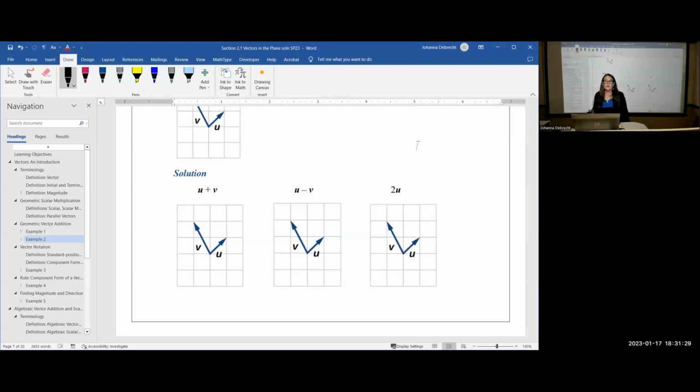Take either u or v and put it nose to tail with the other vector. I'm going to move vector u that you see right here. I'm going to take vector u and move it here to the tip of v. Now, u goes up 1, right 1. So I'm going to go up 1, right 1, and put that there. And then I'm going to draw u again.